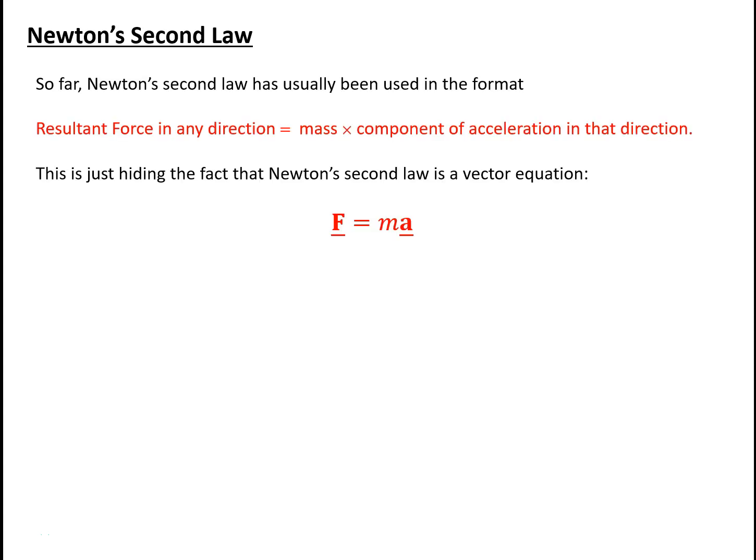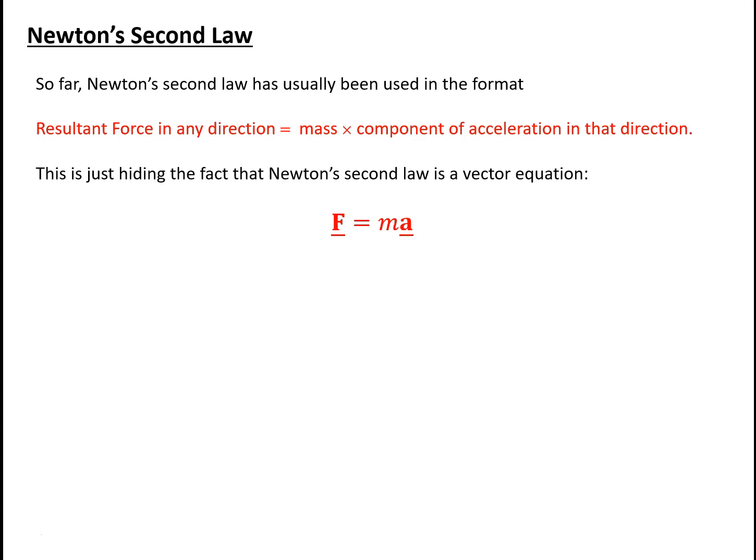Now if we look at Newton's second law, so far most of our work has usually been used in the format the resultant force in any direction equals the mass times the component of the acceleration in that direction. And that is really just hiding the fact that Newton's second law is a vector equation.